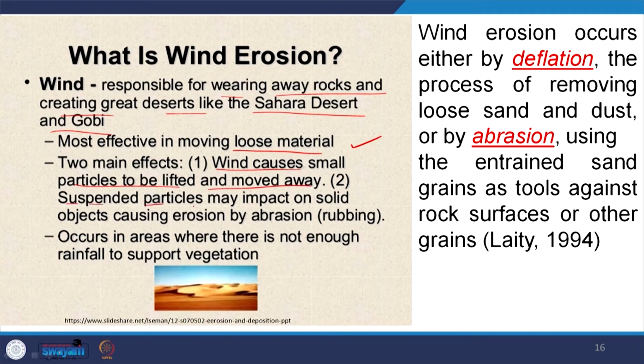The suspended particles may impact solid objects causing erosion, that is called abrasion or rubbing. It occurs in areas where there is not enough rainfall and vegetation. So, when those conditions are satisfied, wind erosion takes place with deflation, abrasion and attrition.